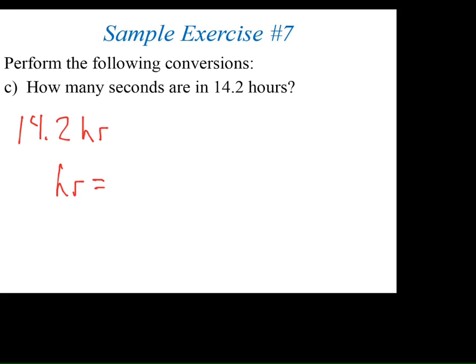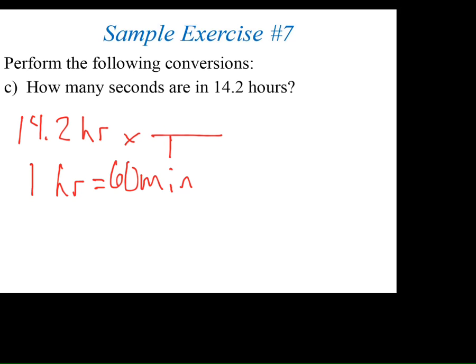You may not, but I'll pretend that you don't. But you probably know hours into minutes, which is what? 1 hour equals 60 minutes. Okay, so here we are, we're setting it up, and I need to get the hours to cancel. So hours are here, so I got to put the hours on the bottom. How many hours?